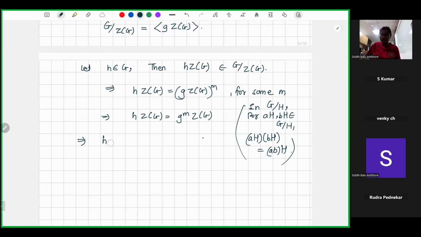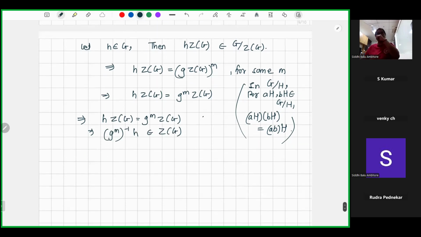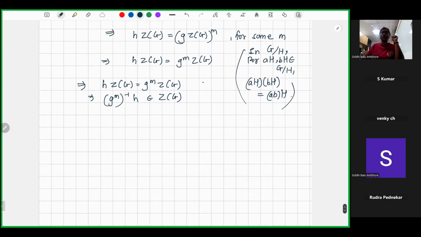So the moment I have this HZG is equal to G power M ZG, by quotient property, this G power M inverse H belongs to ZG. Is this true? That's the property of quotient, right? So this implies there exists I in ZG such that I is equal to this.